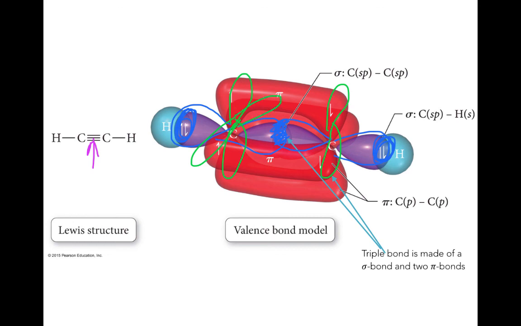So we get a bond here and a bond here, and then we also have a bond here and a bond here. Those are our two pi bonds, and so the triple bond in a molecule like this is made of a sigma bond formed between the two hybrids, and then two pi bonds formed between two unhybridized p orbitals.